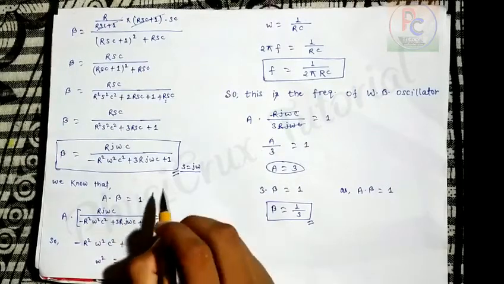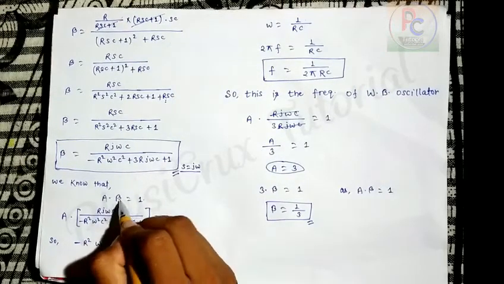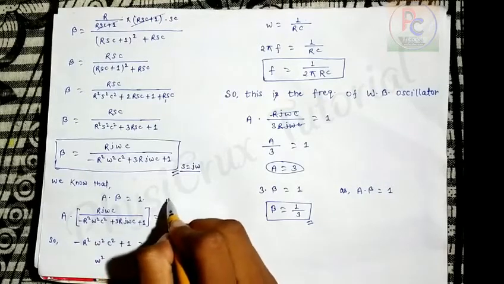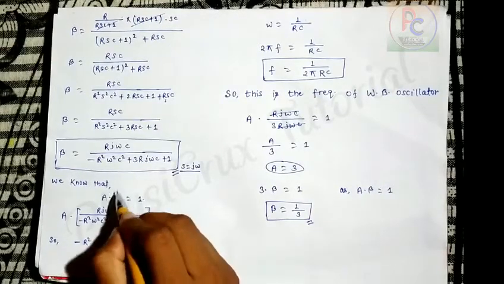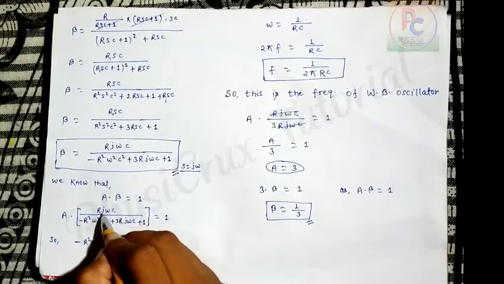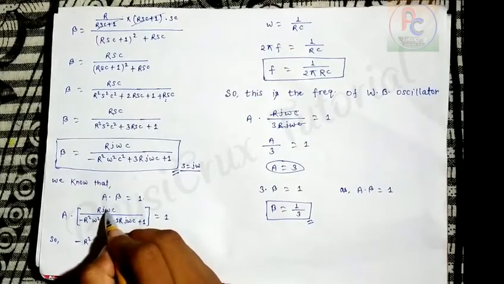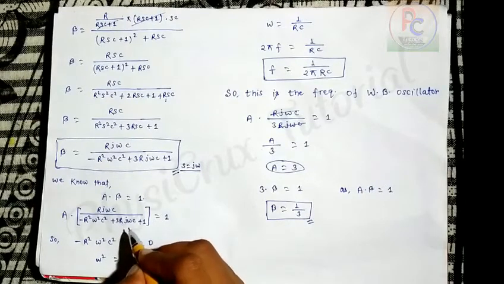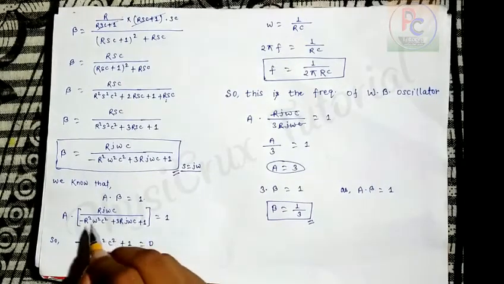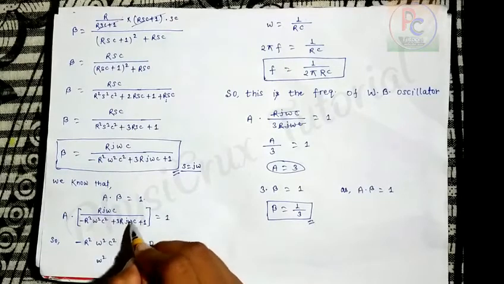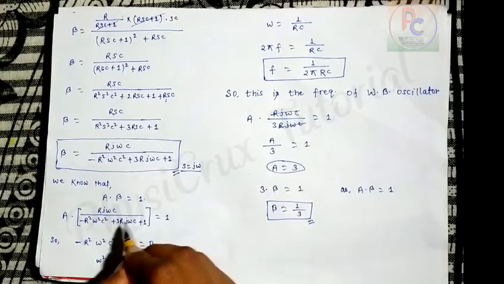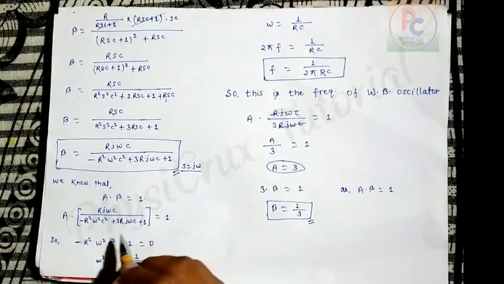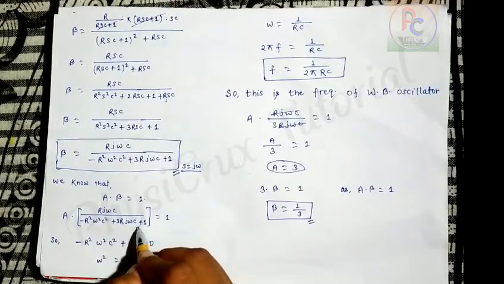We know that A into beta is equal to 1, so this is real, but in the value of beta there are some imaginary terms, one in numerator part and one in denominator part. So to cancel these imaginary terms, we have to equate these terms to 0.